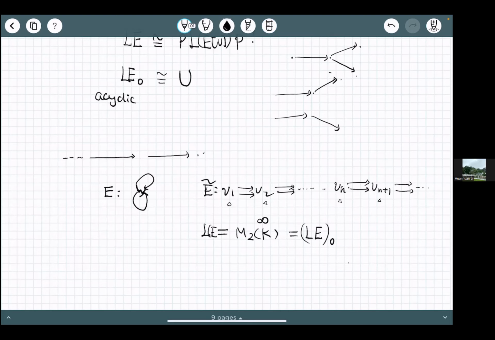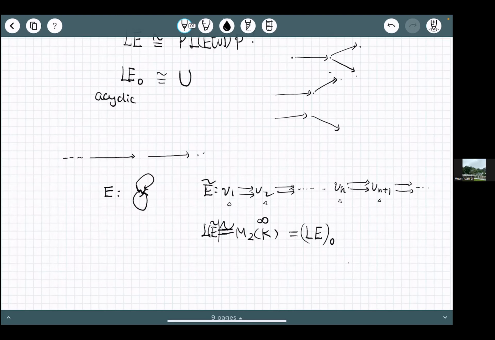Right? And then I thought that maybe to a graph like this, you can apply your construction infinitely many times and get a graph whose Leavitt path algebra is isomorphic to this one and which has no bifurcations.